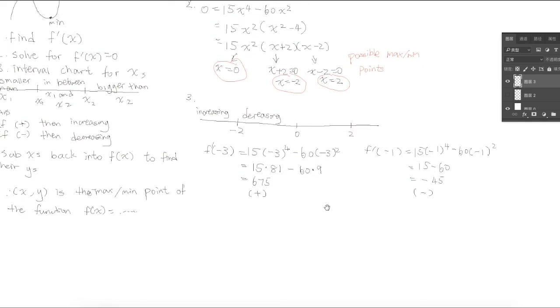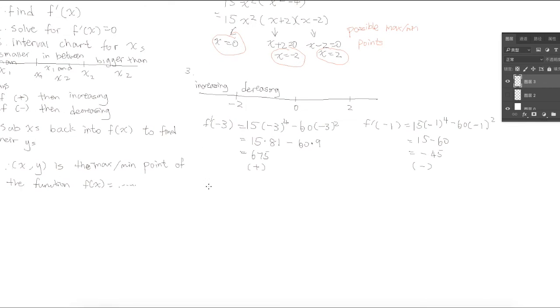Now we're going to find some number between 0 and 2, which I say 1. Substitute that back into your derivative and find your number, which would be a negative number. So that means this interval between 0 and 2 is decreasing.